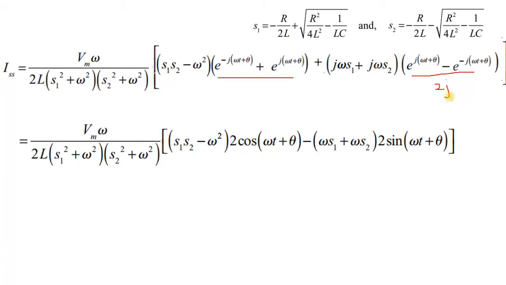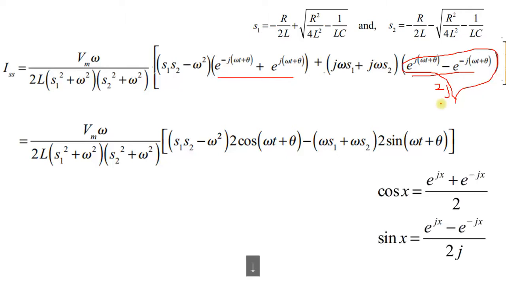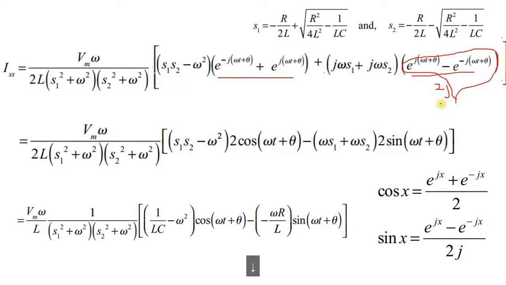But the j term is not present here, since j is already present, so this j is replaced by minus 1 by j, so this positive sign is replaced by this negative sign, and the overall term is replaced by 2 sin(omega t plus theta). Okay, now it is clear to you. So this is the corresponding formula.